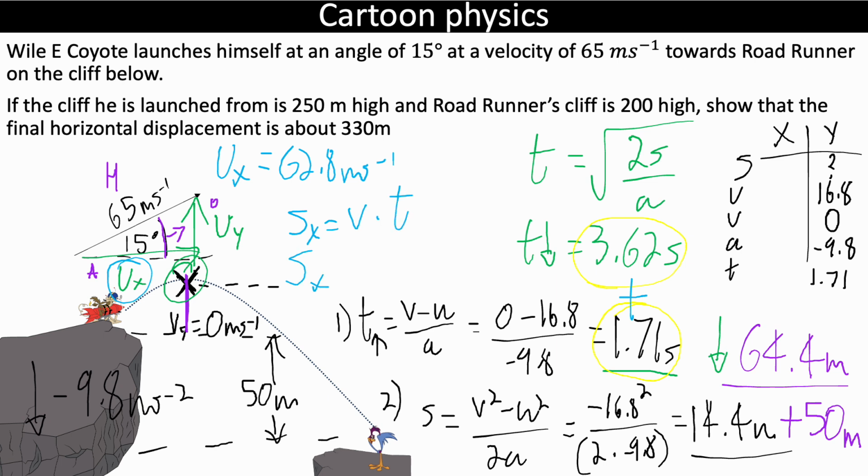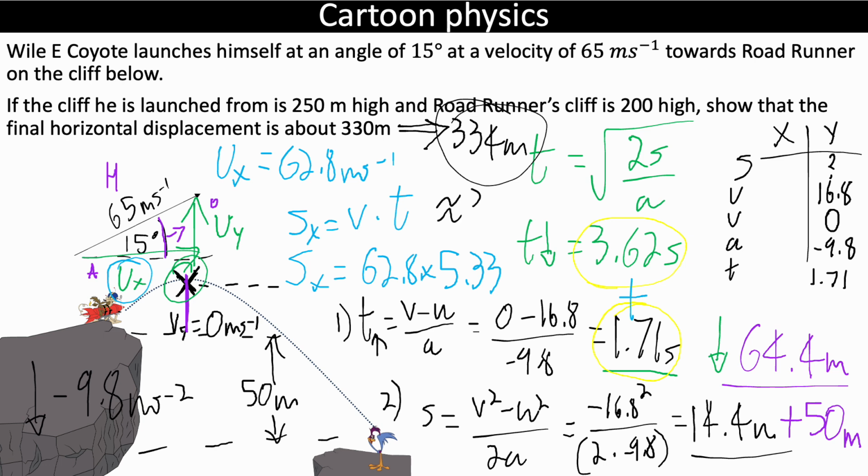So his total displacement, here's our final answer, will be 62.8 multiplied by the total time, which was 5.33 seconds. That gives us a total distance of 334 meters to 3 significant figures, which is about 330 meters. Done. There we go.